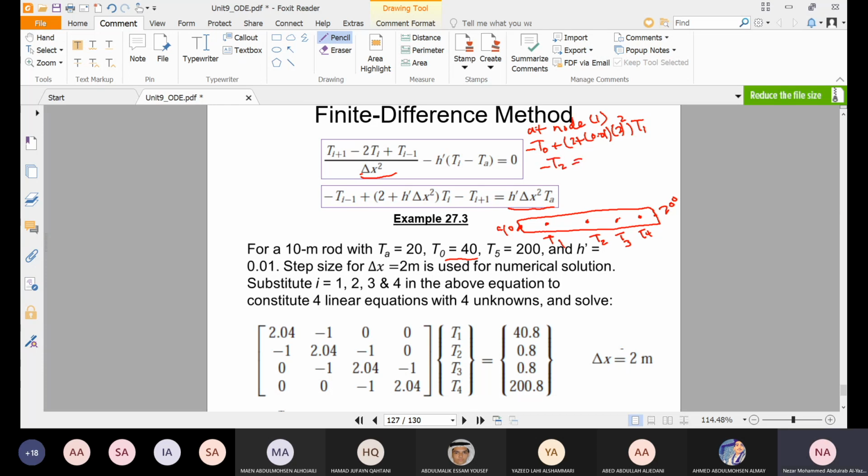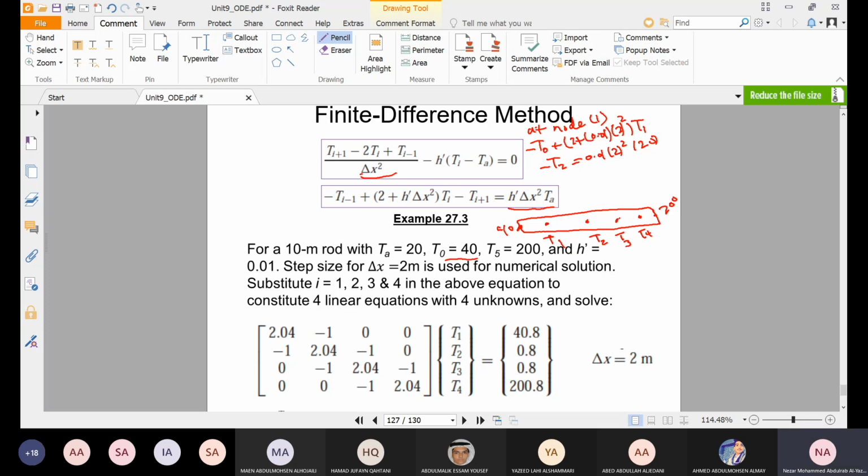This equals the right hand side, where we have 0.01 multiplied by 2 square. TA is given in the question as 20. So this value at the right is constant. T0 is given equal to 40, so we have minus 40 here. So take it to the right hand side.